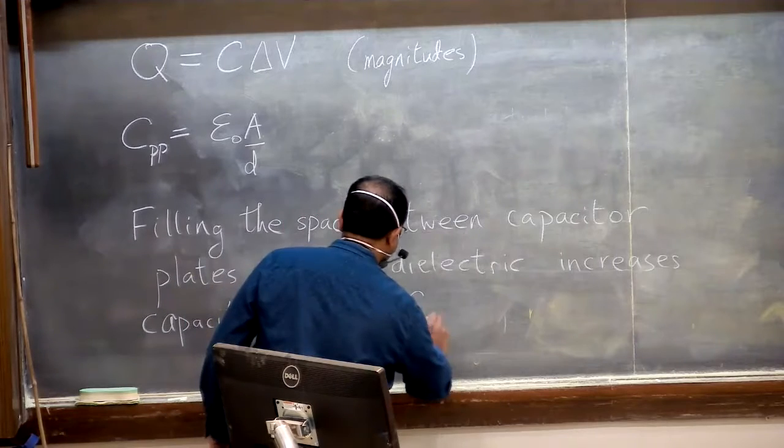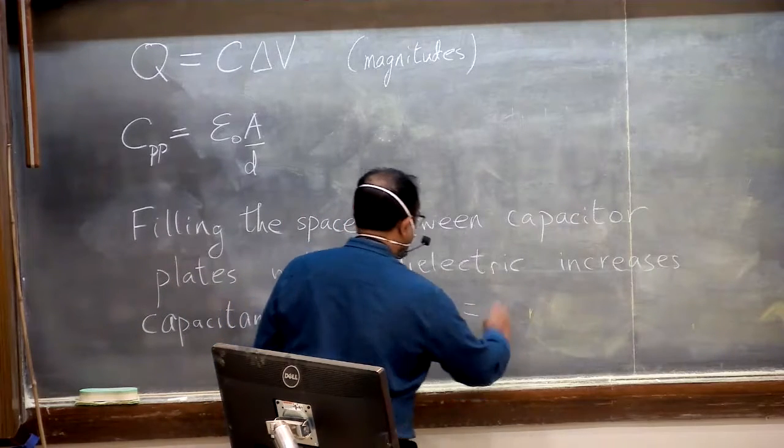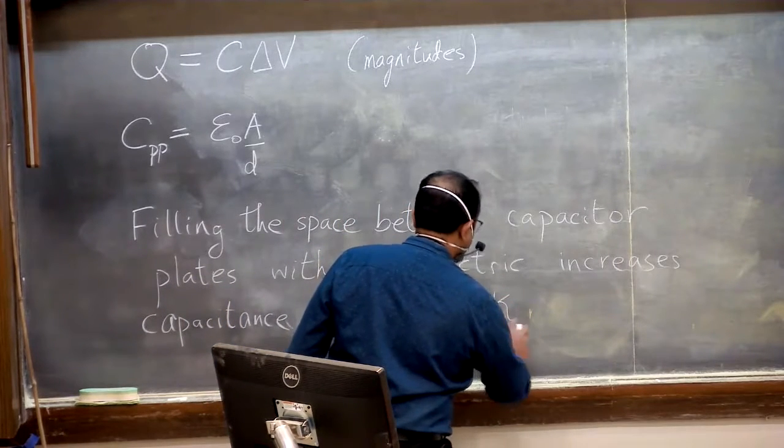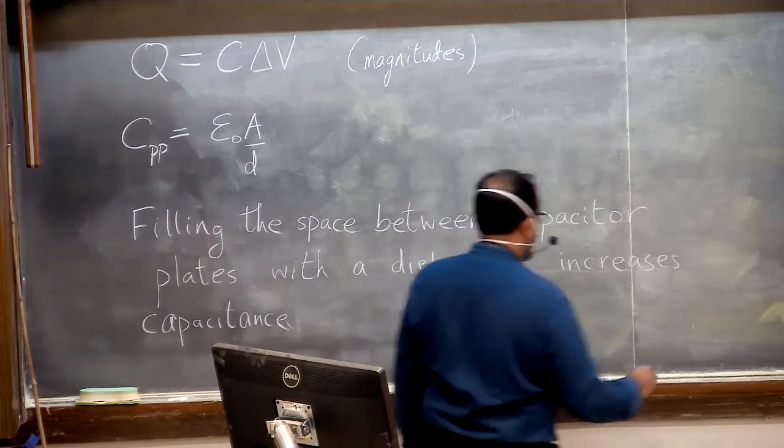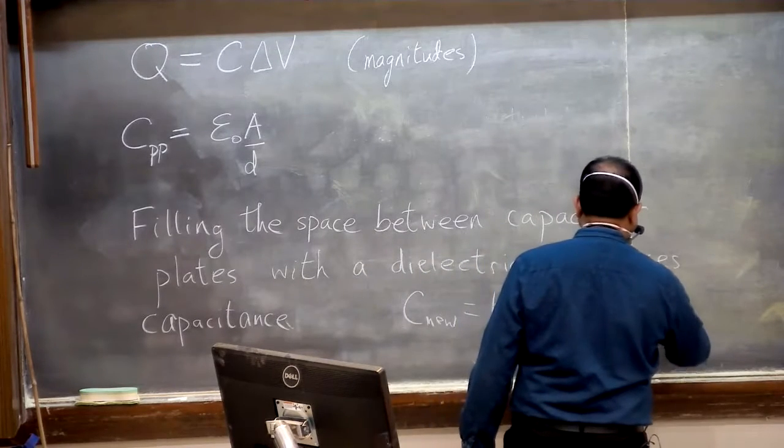So your new capacitance will be kappa times your old capacitance, and kappa here is the dielectric constant.